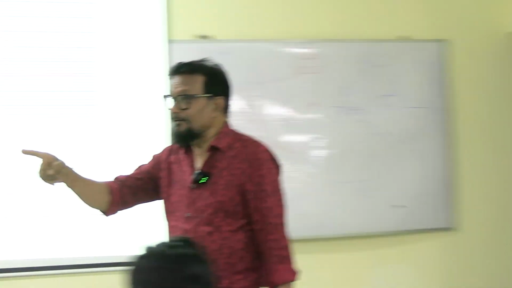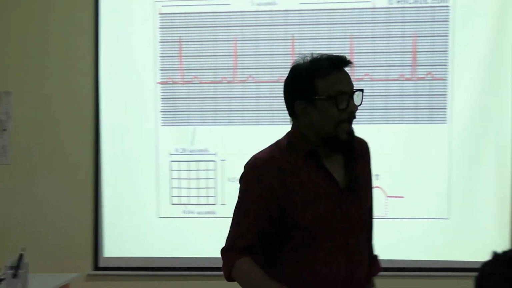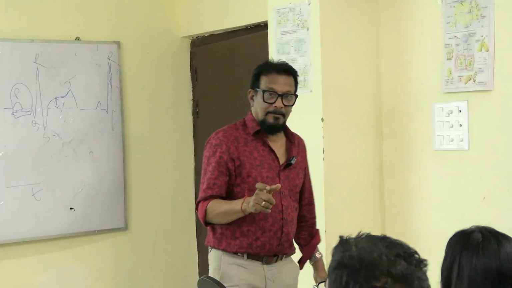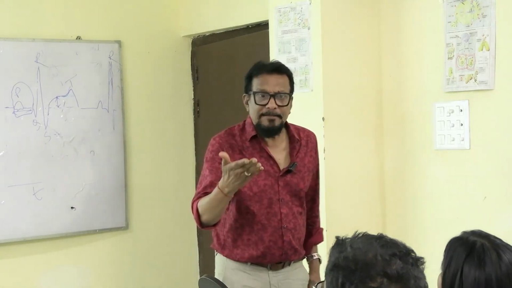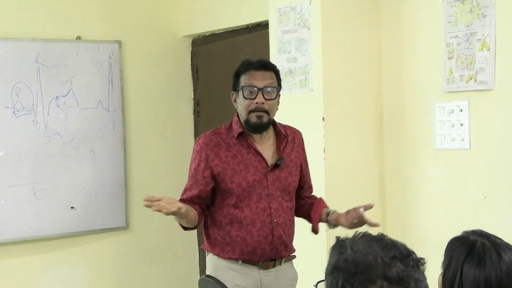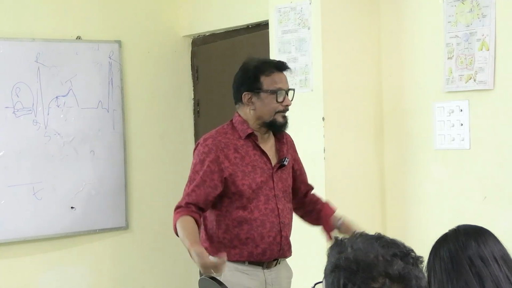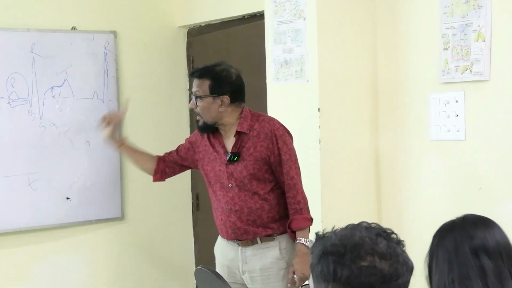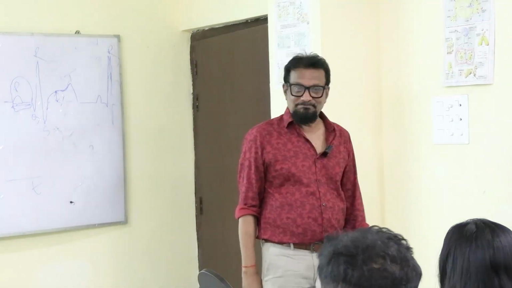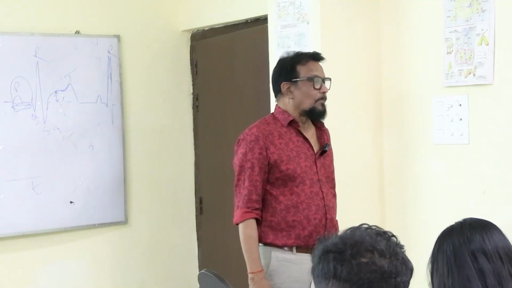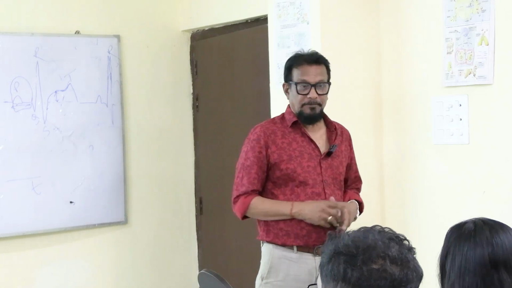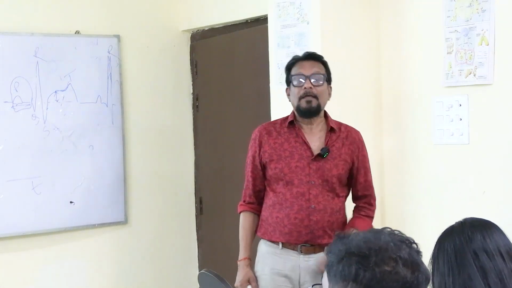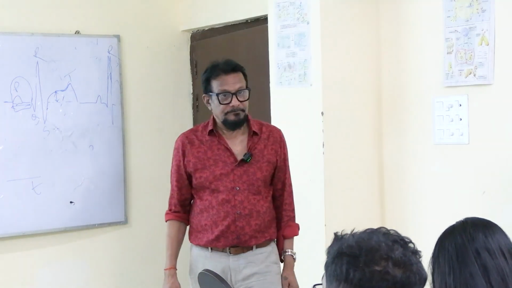You cannot identify here where the atrial repolarization is. Why can you not find it? Because it is merged with the QRS wave. That's why you cannot determine how much time it took for repolarization.